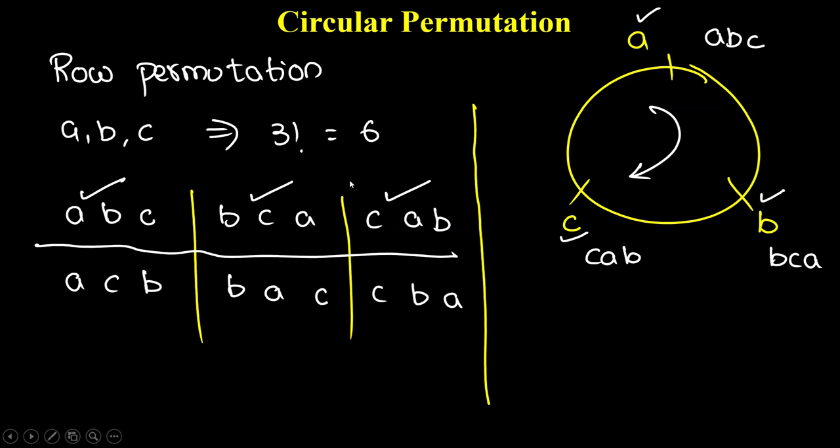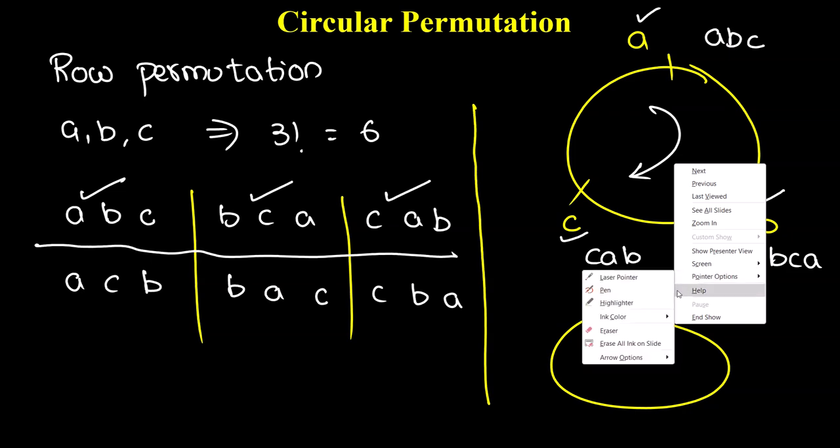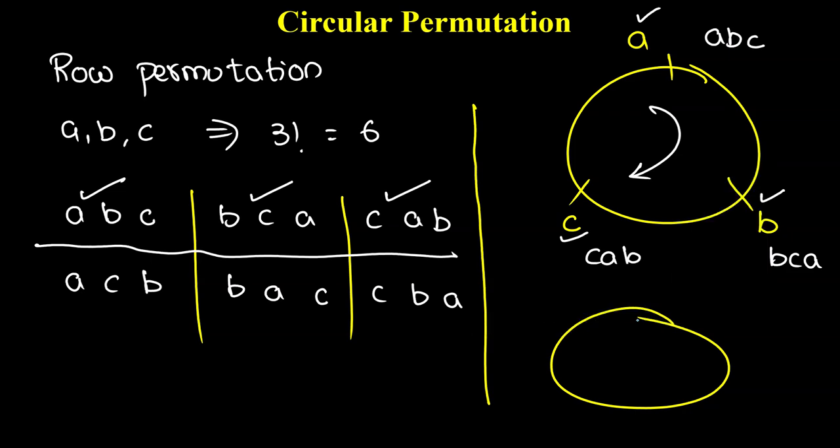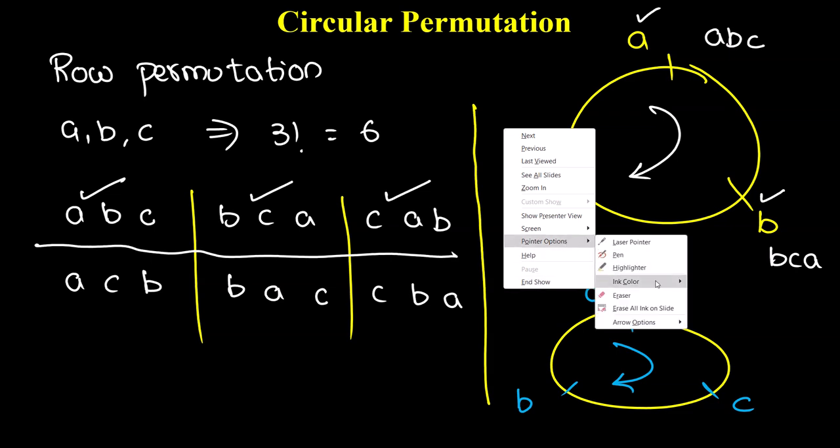Okay, three linear arrangements are covered. Sir, you showed only three. What about the remaining three, sir? Take one more circle. Go clockwise only, no problem. But now I am taking A here, C here, B here. Now go clockwise. Start at A. What will be the scenario?